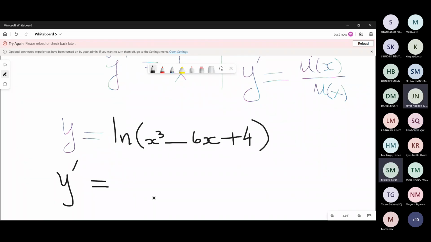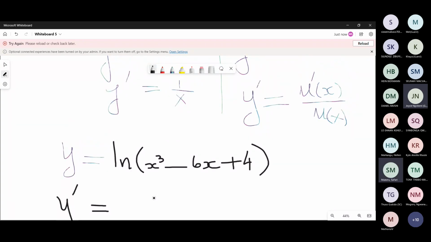Apply the formula here. Go back to the formula. The point is to always remember the form of the question. Here we have ln of all of this, right? It is not per se a multiplication. It's just the logarithm of a quantity, the logarithm of this sum.